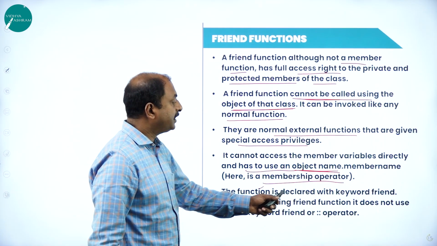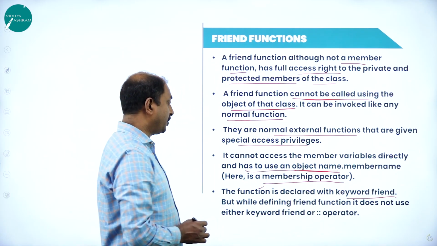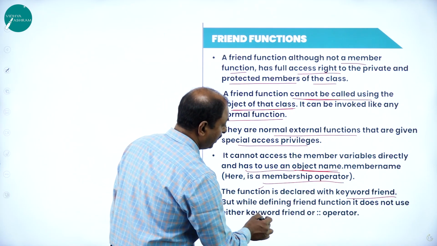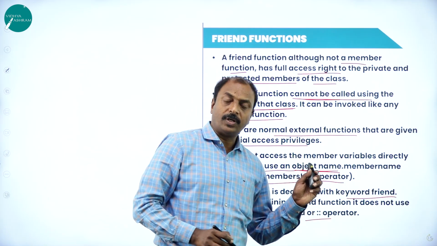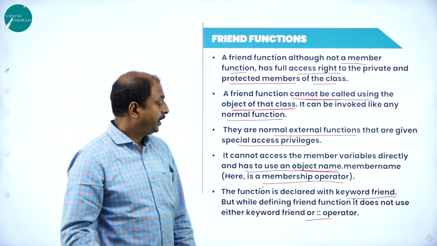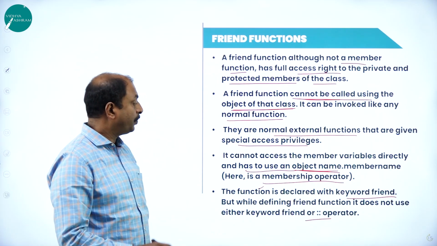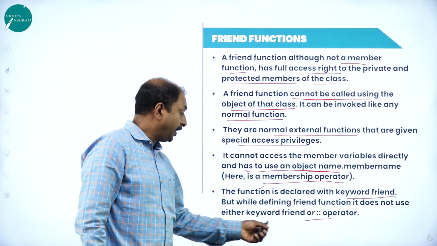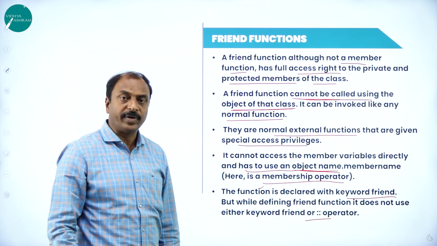And the function is declared with the keyword friend. While defining a friend function, we do not use either the keyword friend or the scope resolution operator. If you want to define a function outside the class, normally we use the scope resolution operator. But in the case of a friend function, we are not supposed to use the scope resolution operator or the keyword friend while defining the friend function.